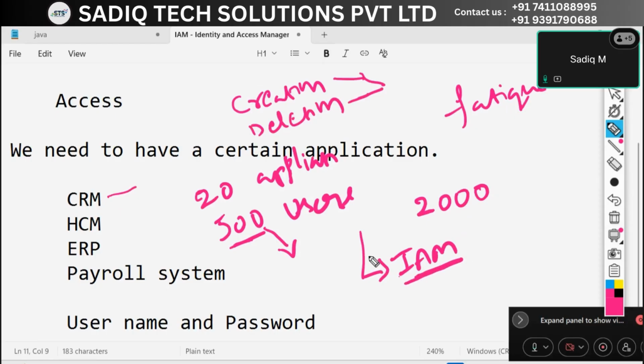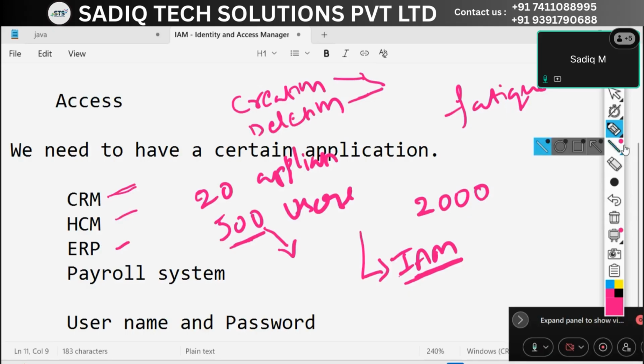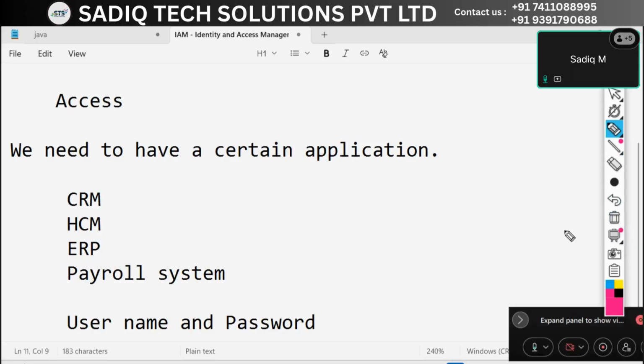Instead of storing the username and password individually in the applications, they introduced a concept called Identity and Access Management. There are two parts actually: one is identity and another is access. What is meant by identity? Let me give you a real-time example.